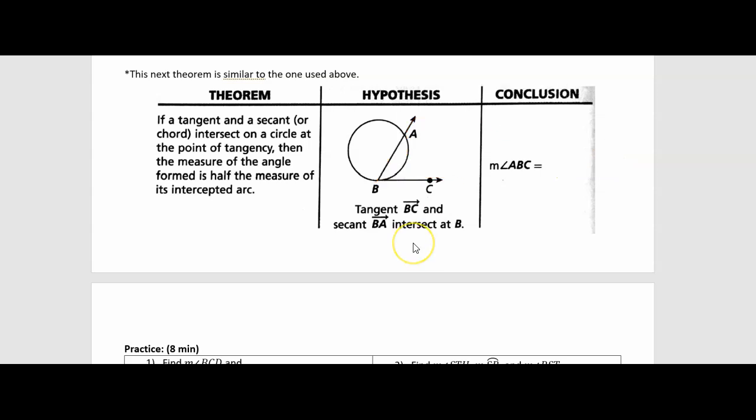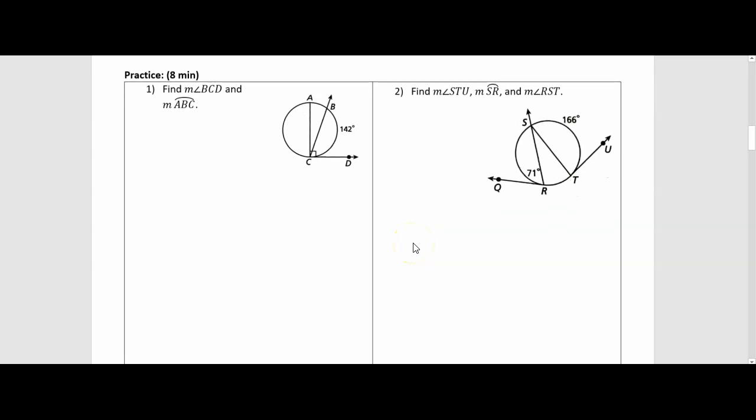Let's apply this theorem to one problem. Let's do number one. We have to find two angles, the measurement of angle BCD and the measurement of arc ABC. Go ahead and attempt those. Come back and see how you did. Okay, let's start with the measurement of angle BCD. This is one of those angles formed by a tangent and a secant.